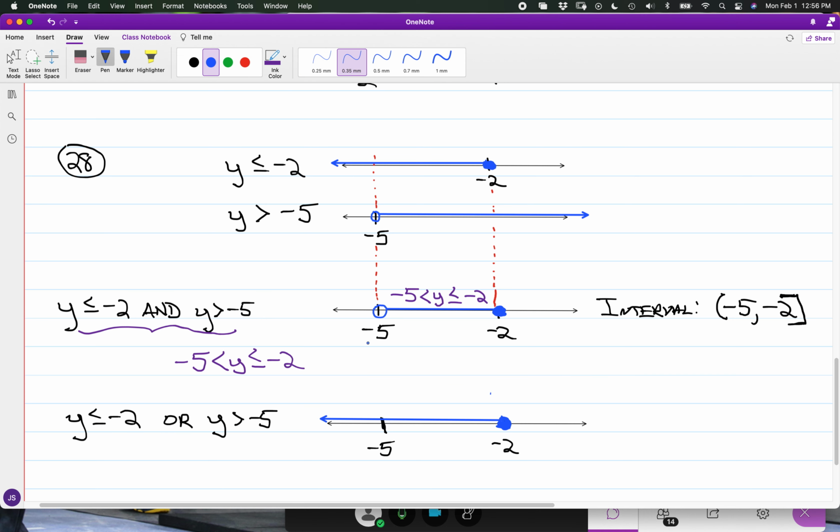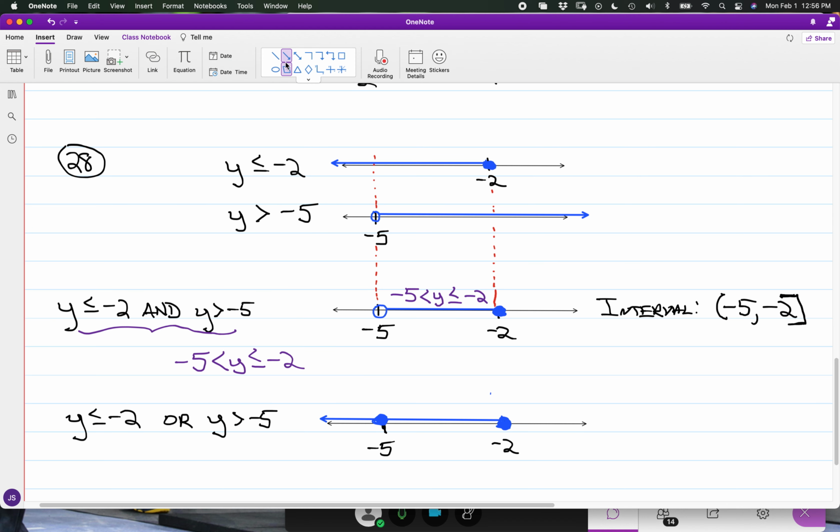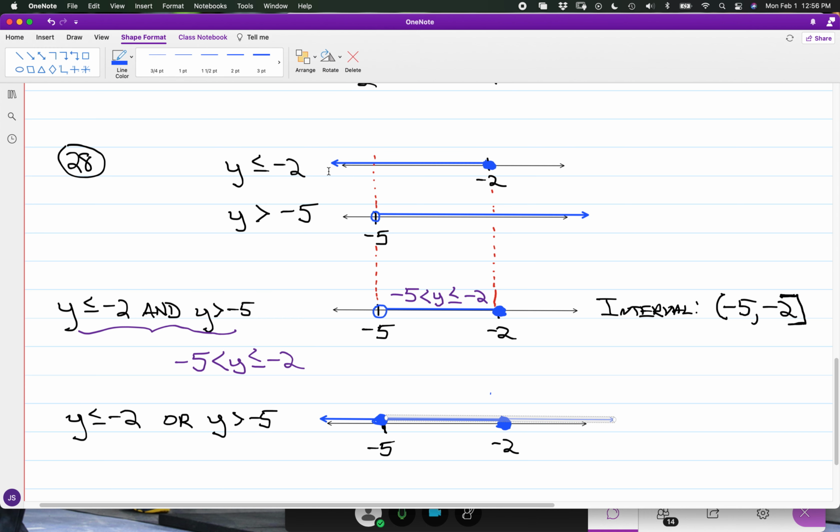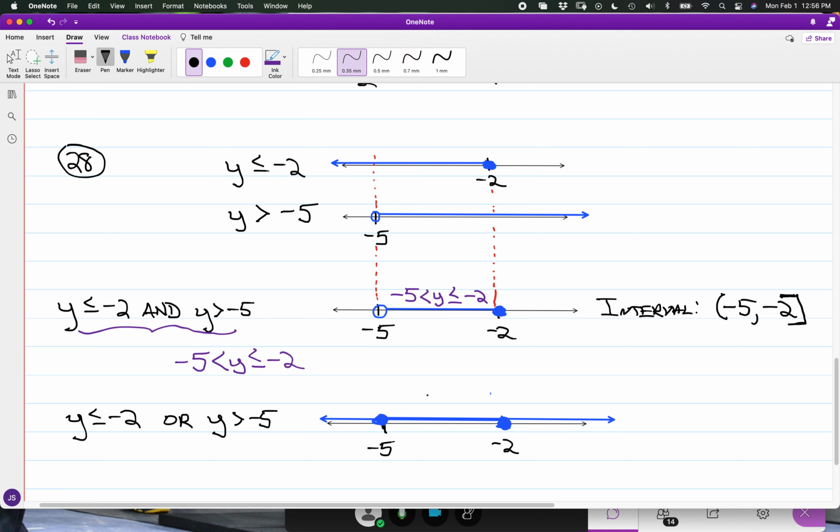And we have y is greater than -5, well, guess what? Okay, you had the line going through, so -5 is going to be included in the intersection. And guess what? For the end result here, we have everything going continuously from end to end.